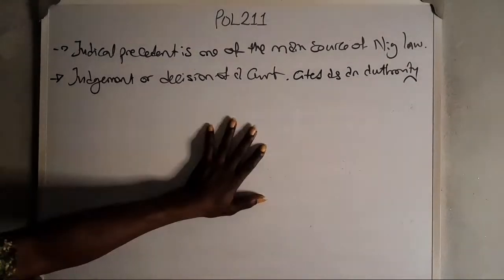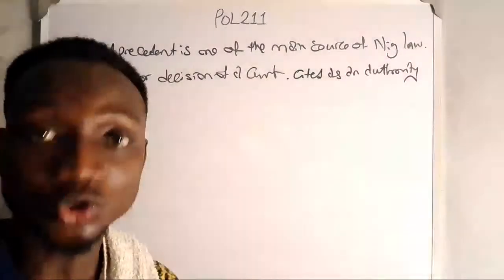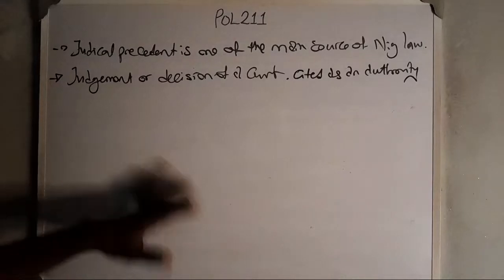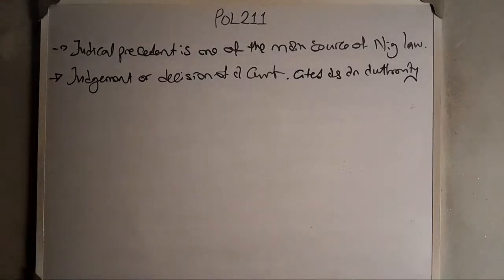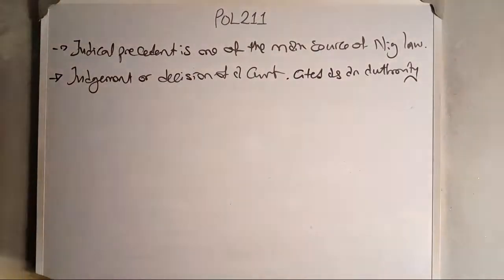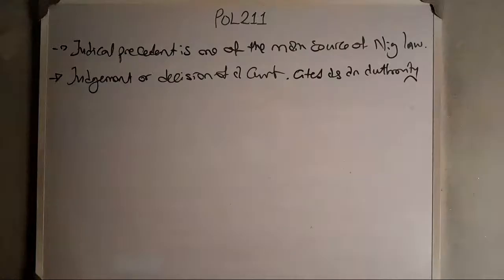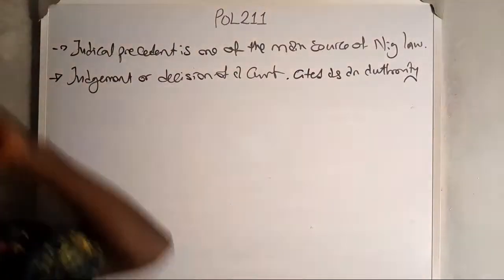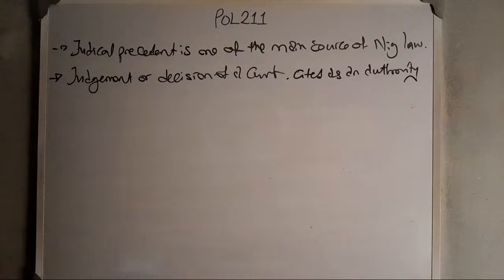Now, what are we saying in essence? This court of authority has decided a case. So now other courts, based on the decision of this court of higher authority, are implementing this same decision to judge a similar case based on the principle of the previous one.